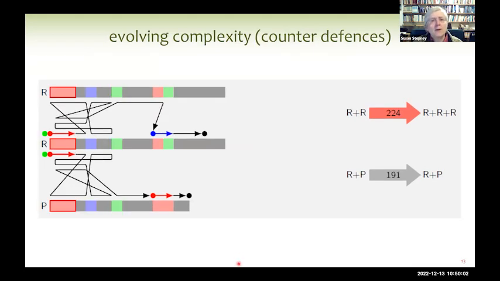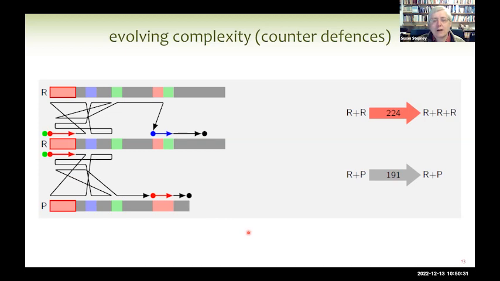And after a while, you get something that looks like this. You've got counter defenses and counter defenses, and I'm not even going to try and talk through what happens here. It is just amazingly complicated. Things are bopping about all over the place. But in this particular case, this replicator can copy this one, 224 time steps, and in this particular case, this replicator does not copy this parasite, so it has a defense against this parasite.